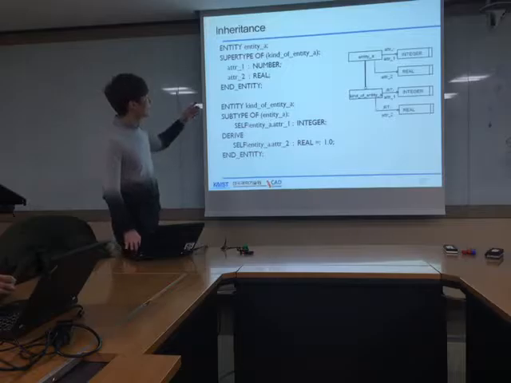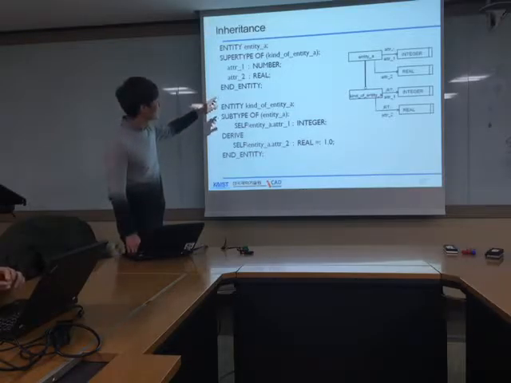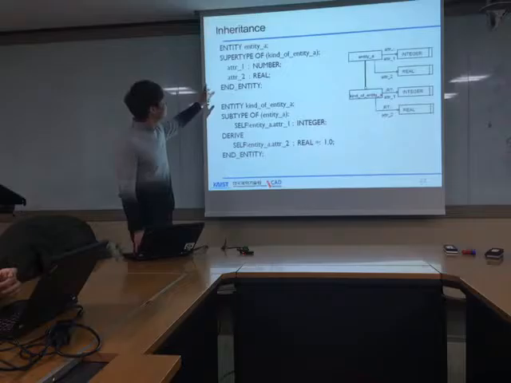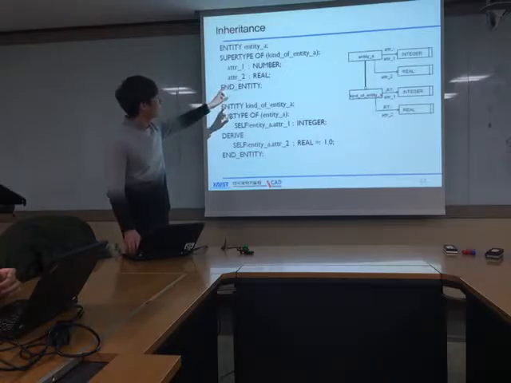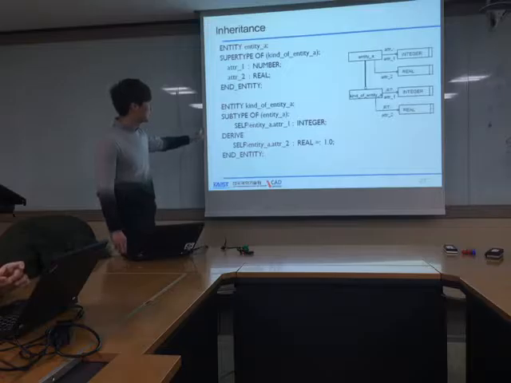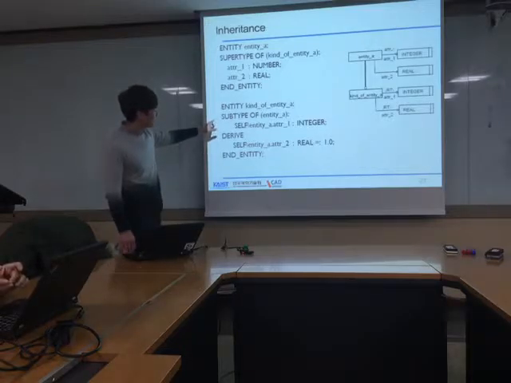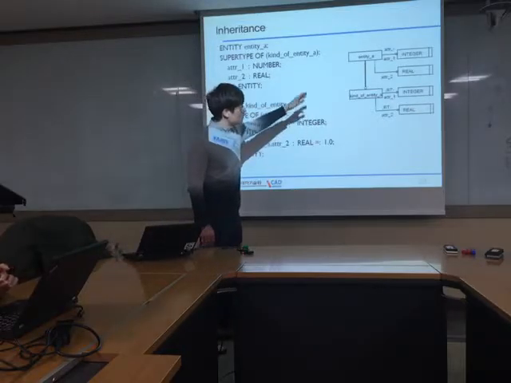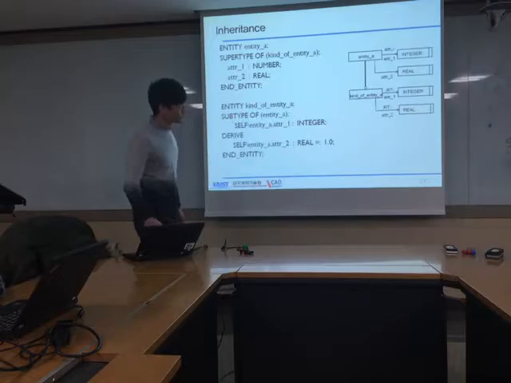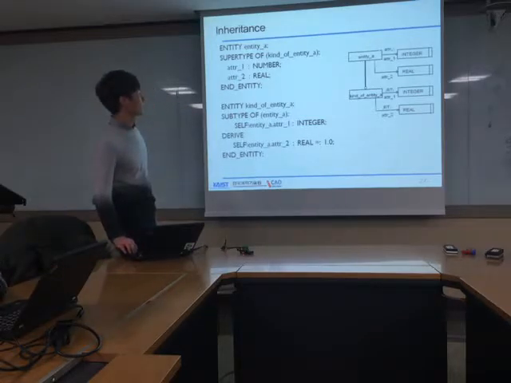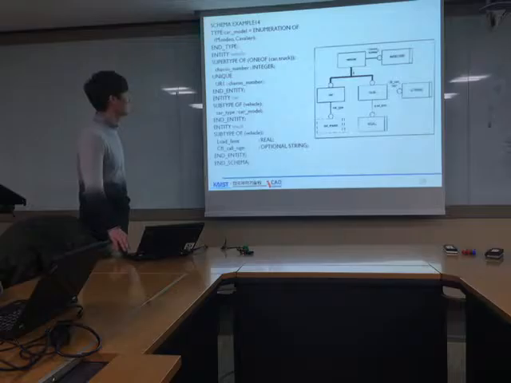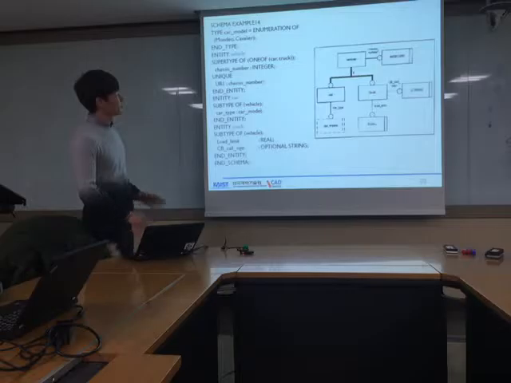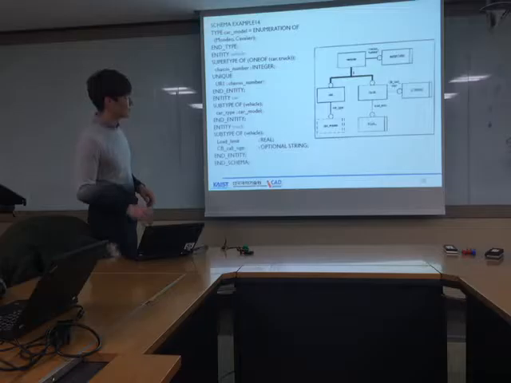So as you can see, this word shows the supertype of the kind of entity A, and this is the supertype of entity A. So it is in the class relationship. And this is another example of the class. In this case, the vehicle is a supertype, and the car and truck are the subtype.